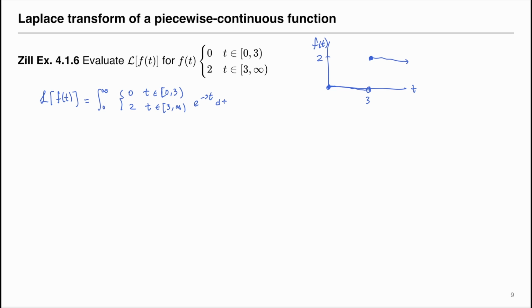Okay, but now how do we integrate that? What we can do is to break it down, to integrate the first part and then integrate the second part and add them together.